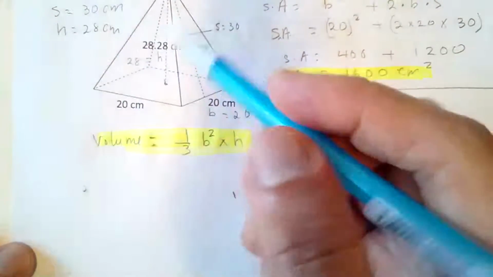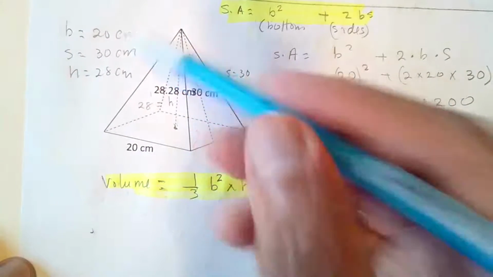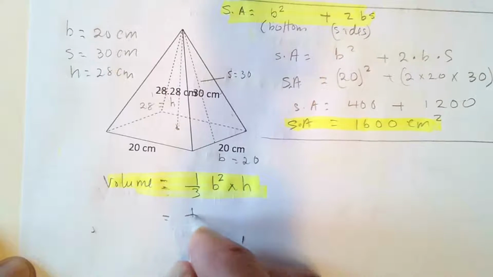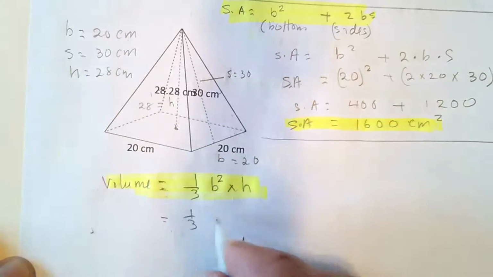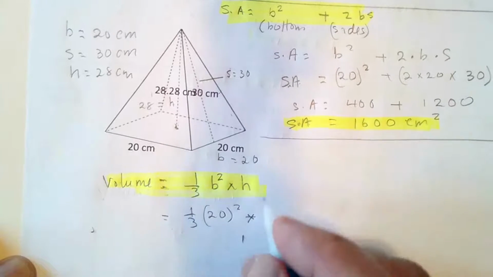Now I'm going to substitute my given values into my formula. So my base is 20. So I have 1/3, base is 20, don't forget to the power 2, times your height, which is 28.